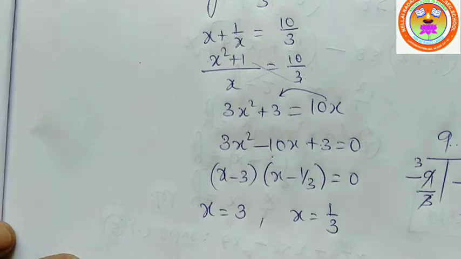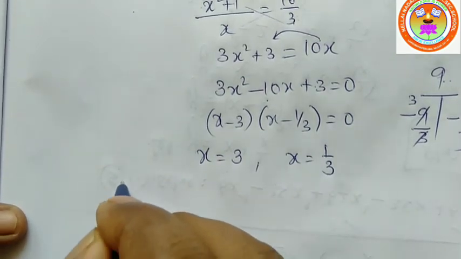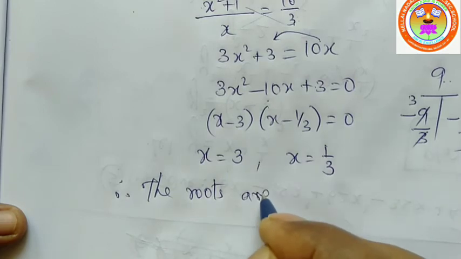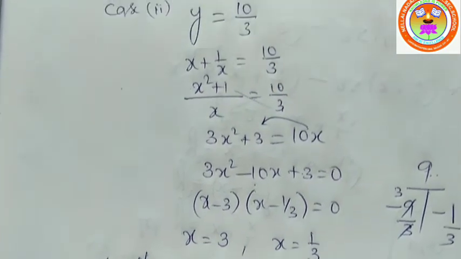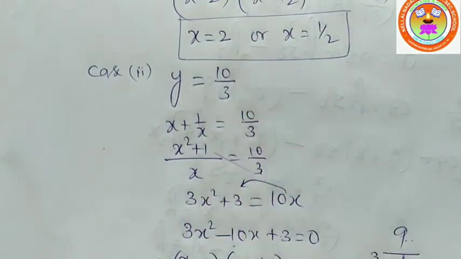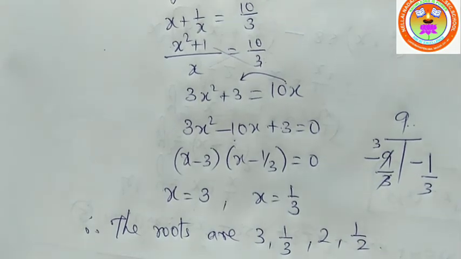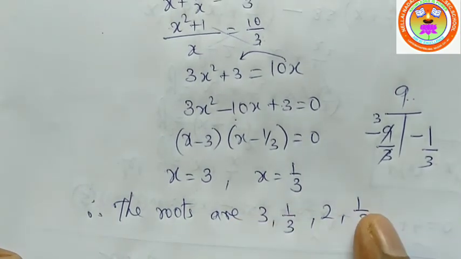Therefore, the roots of the equation are here 3, 1 by 3. In case 1, we got 2 and 1 by 2. Since the degree of the equation is 4, we got 4 roots, correct? So our answer is correct.